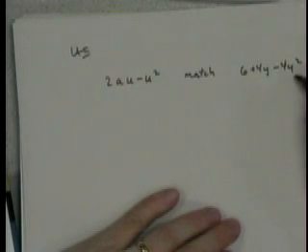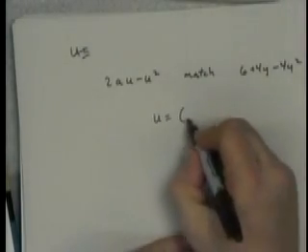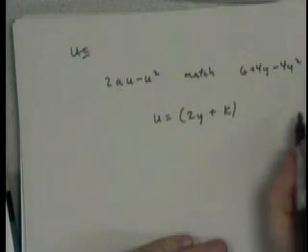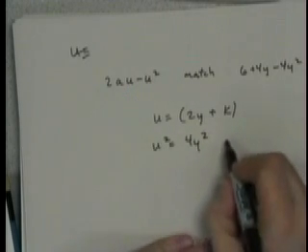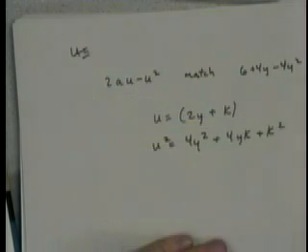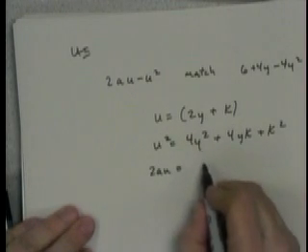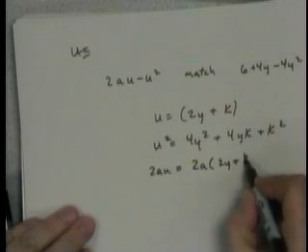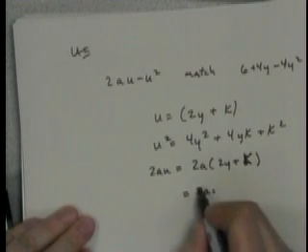So again, I know that U has to be 2y plus something. So the U squared ends up being 4y squared plus 4yk plus k squared. And 2AU is going to be 2a times 2y plus k, which is 4ay, try that again.